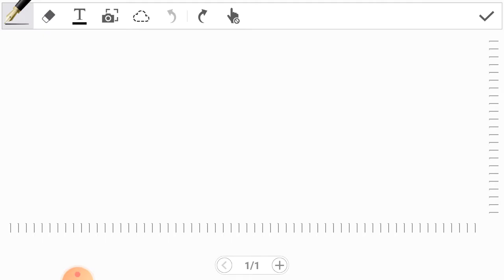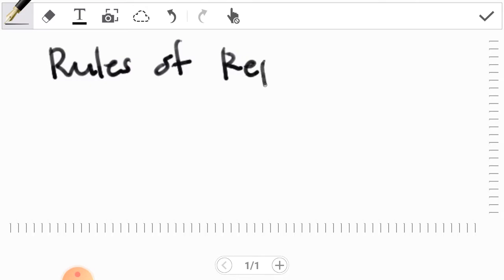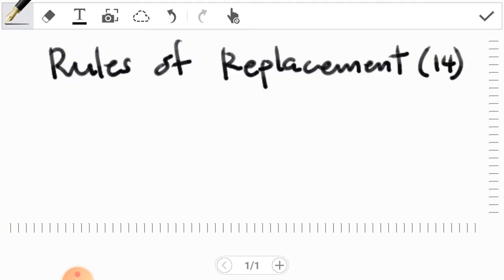So just a quick review under rules of replacement. If you will go back to your module, we have a total of 14 rules here.